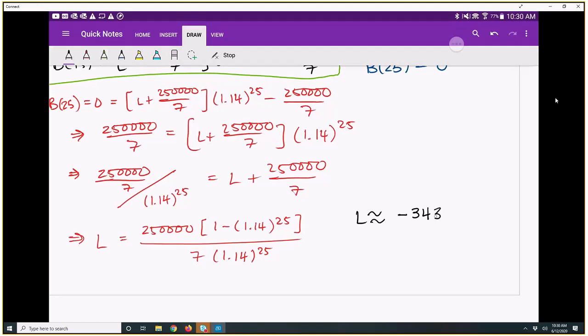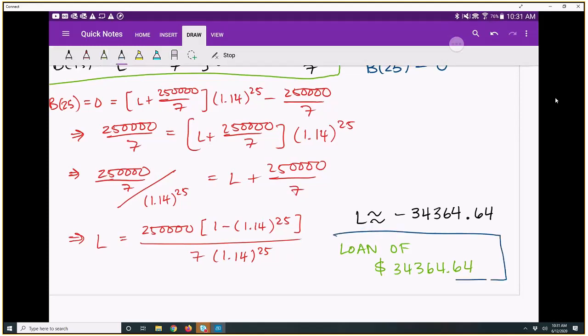So $34,364.64. So that should be the loan of $34,364.64. And that is the answer to this question.